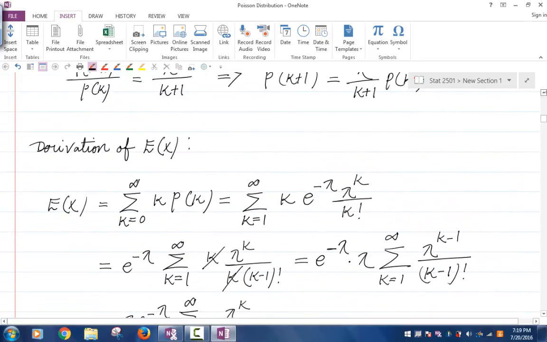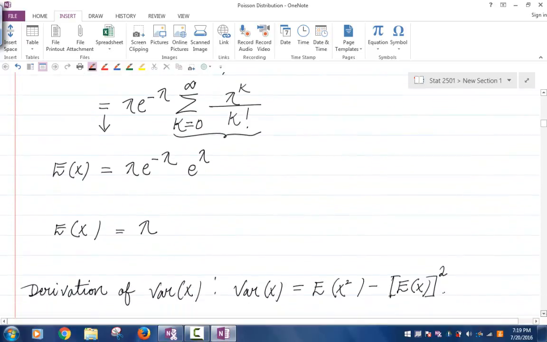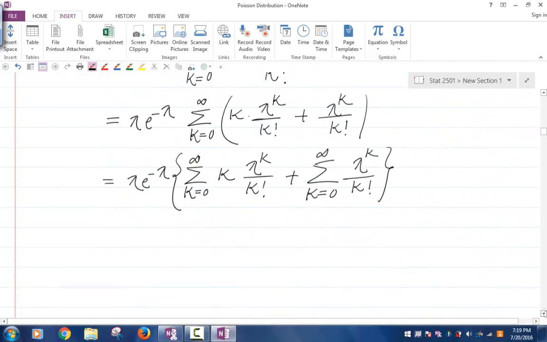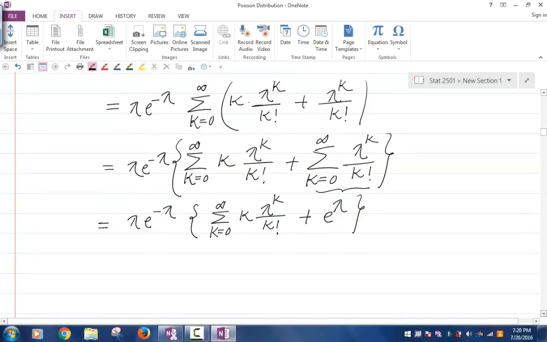Let me write one more line: lambda times e to the minus lambda times the summation k going from 0 to infinity, k lambda to the k over k factorial, plus the second sum, which is the power series representation of e to the lambda, as we have seen before.